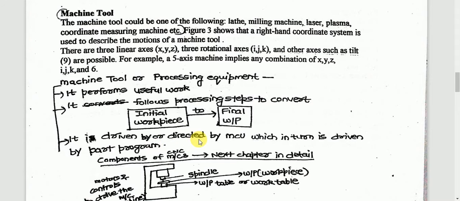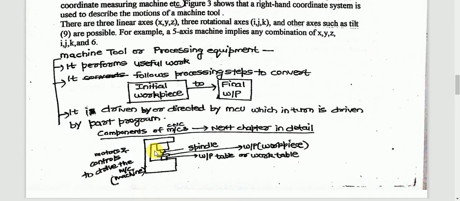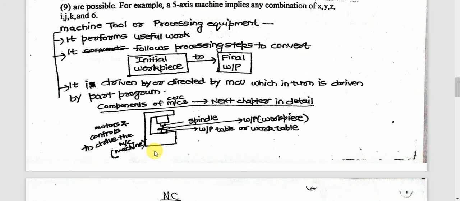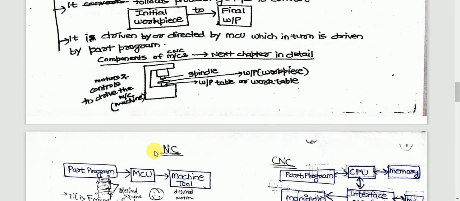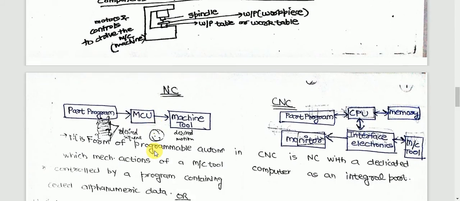So this is important here, that the machine tool is driven by MCU and MCU is driven by part program. These are the components of a CNC machine, which will be discussed in next lectures later in detail.